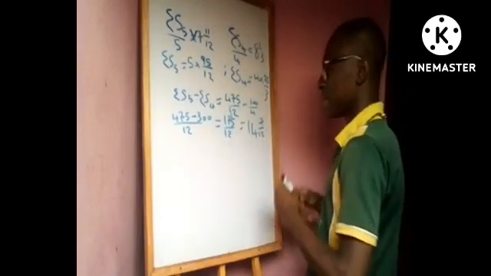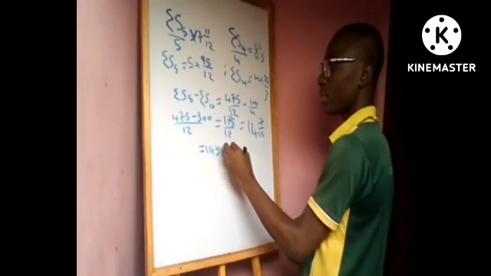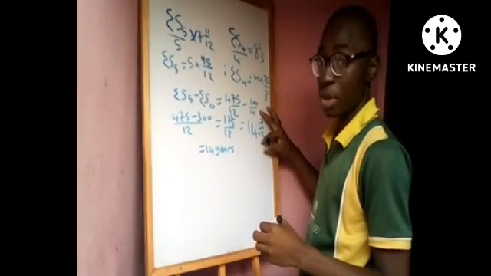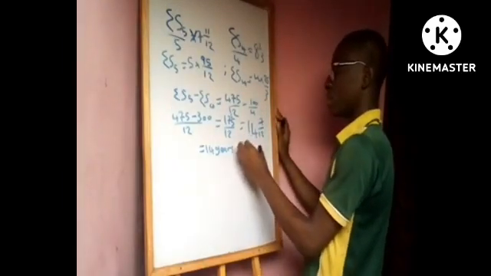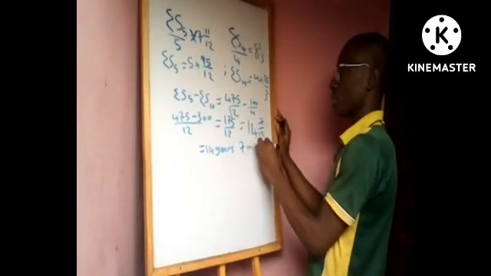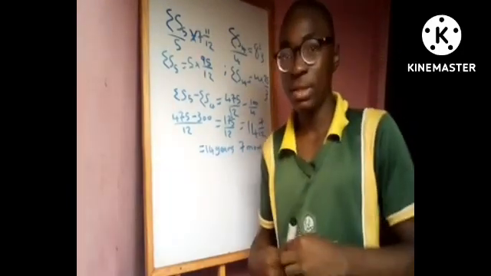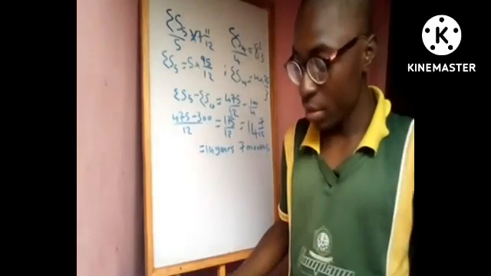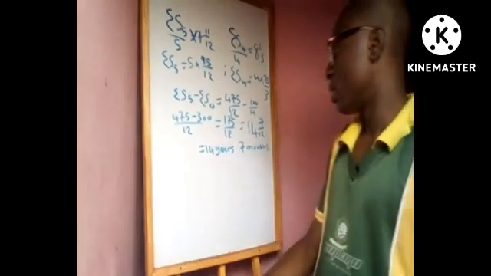We convert the fractional part back to months by multiplying by 12. So that would be 14 years 7 months. This is the age of the youngest child. This looks like a question that does not have any relationship with mean, but it's actually very much related to the mean of numbers.